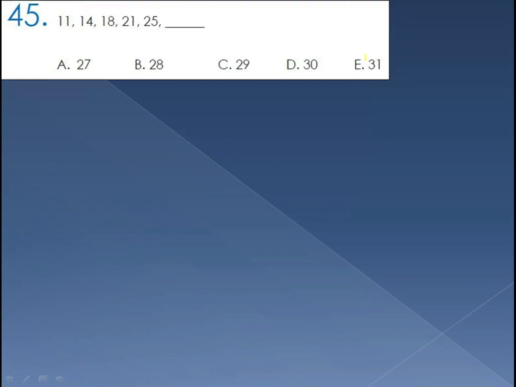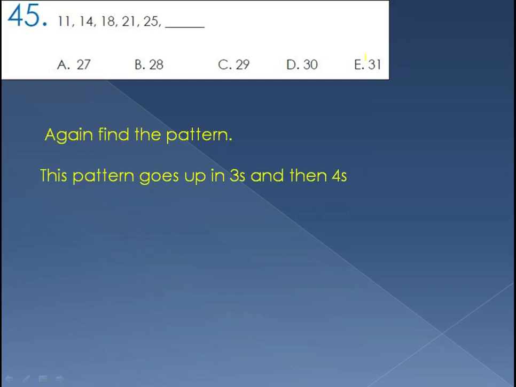The next one. So it's 11, 14, 18, 21, 25. What happens with this? Again, we need to find a pattern. The pattern goes up in 3s and then 4s. So 11 to 14 is plus 3, 14 to 18 is plus 4, 18 to 21 is another 3, 21 to 25 is plus 4.